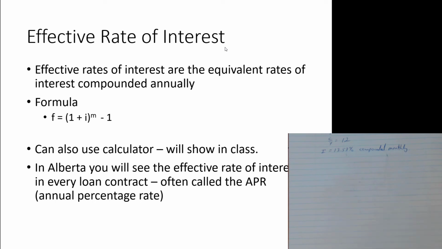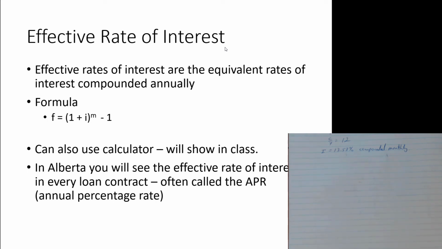It allows us to compare different interest rates, because sometimes 13.53% compounded monthly is worse if you're borrowing than, let's say, 13.53% compounded semi-annually, right? Remembering the more frequent compoundings, the more often every year we convert interest to principal, is great for the lender, not so great for the borrower, right?